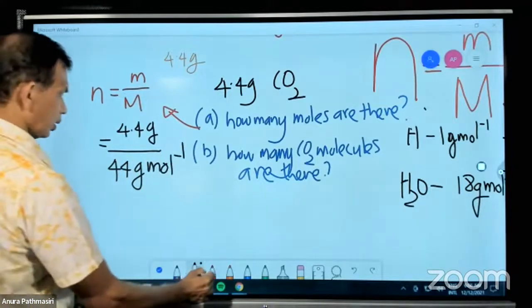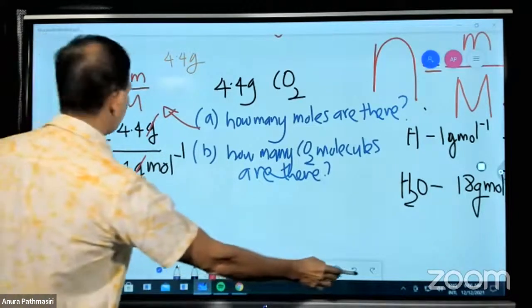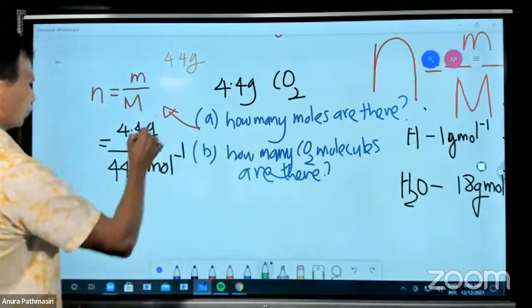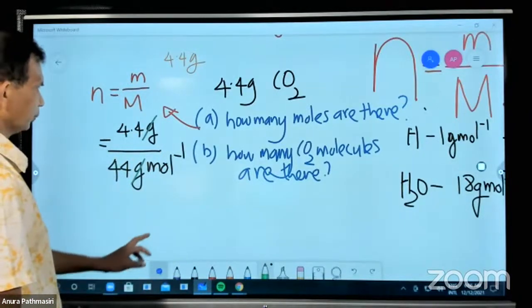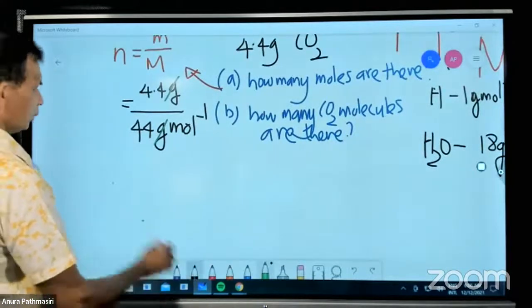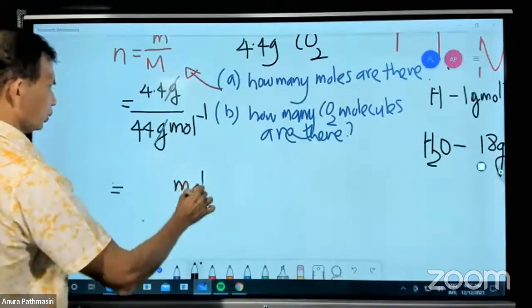Very nicely, you can cut off gram to gram, and then the per mole will be moving upward. So it becomes mole.